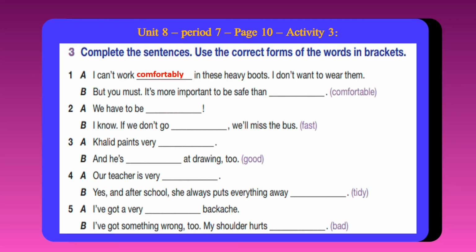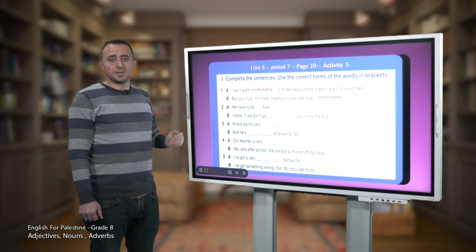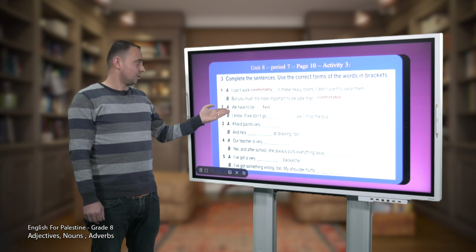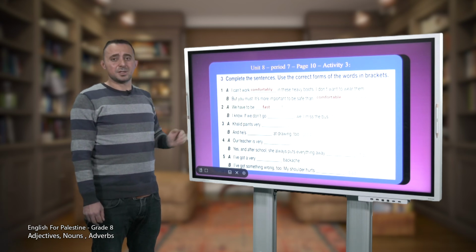B, but you must, it's more important to be safe than, what do we need? Adjective, comfortable. So, to be safe than comfortable. 2, we have to be what? Fast. So, here, fast is an adjective, right? Because to be is followed by an adjective.